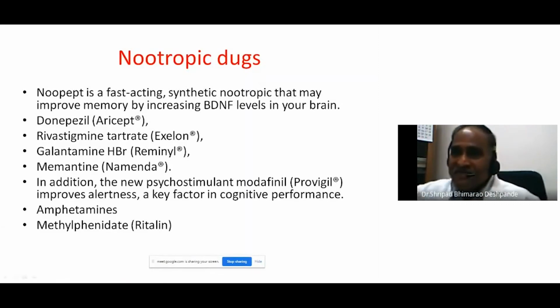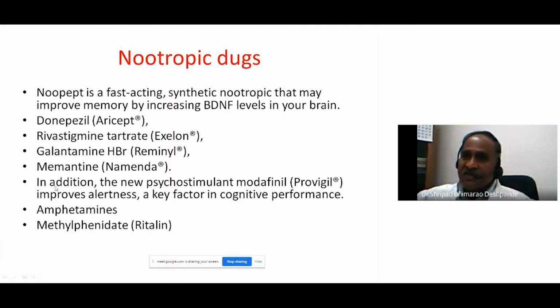I have already mentioned the fast-acting synthetic nootropics that may improve memory by increasing BDNF levels in your brain. That is donepezil, tartrate, galantamine, memantine, NMDA antagonist. So we have psychostimulants, modafinil, and amphetamines.